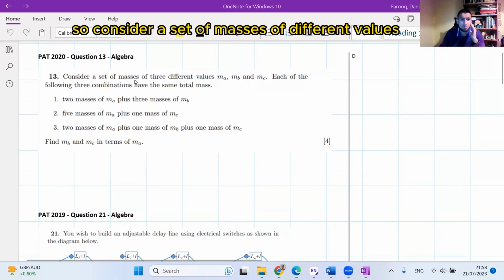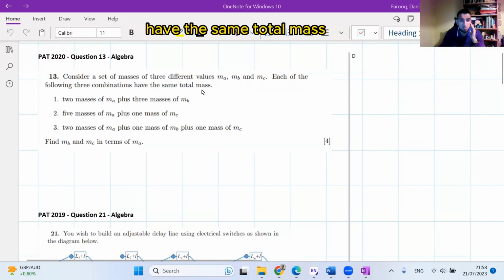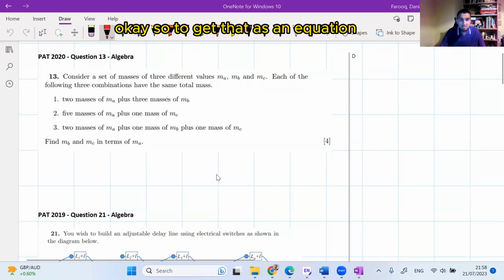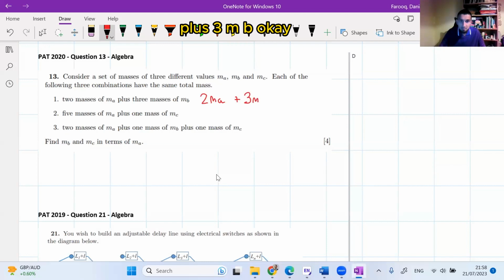So consider a set of masses of different values, Ma, Mb, Mc. Each of the following three combinations have the same total mass. Two masses of Ma plus three masses of Mb. Okay, so to get that as an equation, that will be 2Ma plus 3Mb.